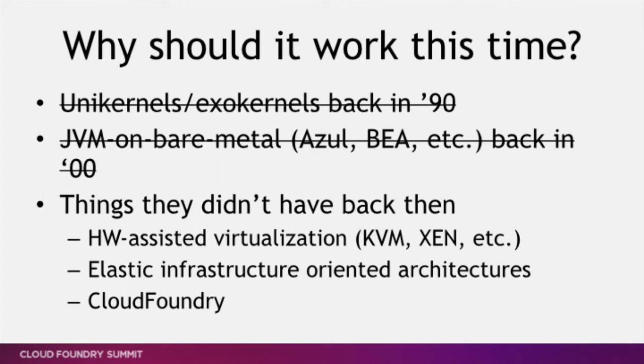So an application that is spread into a bajillion different pieces that need to be projected into a data center is now a reality, and we actually need tools to help us manage those types of applications. And finally, we've got Cloud Foundry, so we actually have an implementation of something that can map into that sort of application infrastructure. So it's partially social, it's partially technological, but to me it boils down to these three reasons.